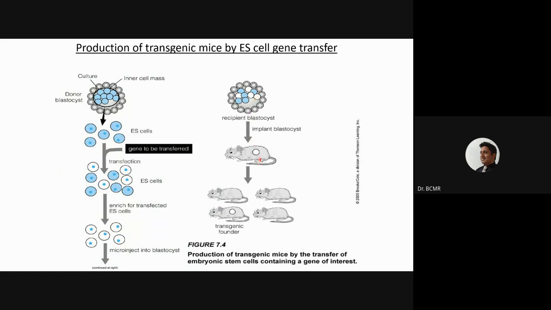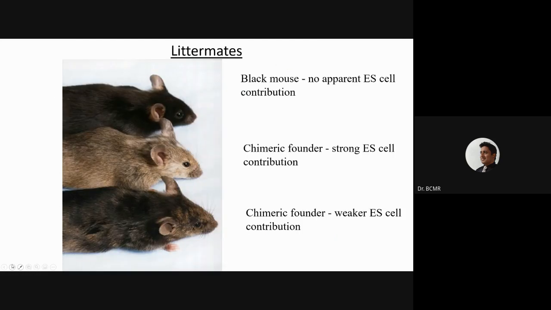So when you implant and let them grow, you will end up forming a chimera, a single organism that is developed from cells belonging to two different embryos. And chimera is not a transgenic animal because not all parts of its body actually have the cells that have the transgene. Only some of them have.